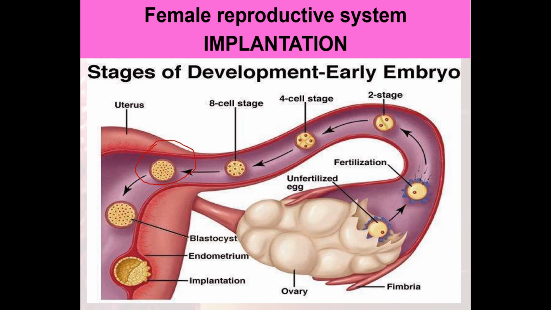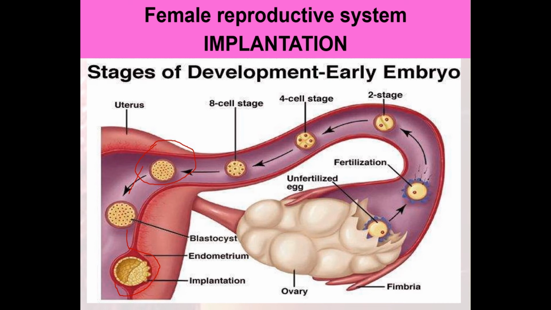Now this morula further descends into the uterus, and it gets attached to the wall of the uterus. When it gets attached, the uterine wall surrounds it from all sides and it gets engulfed into the uterine lining.